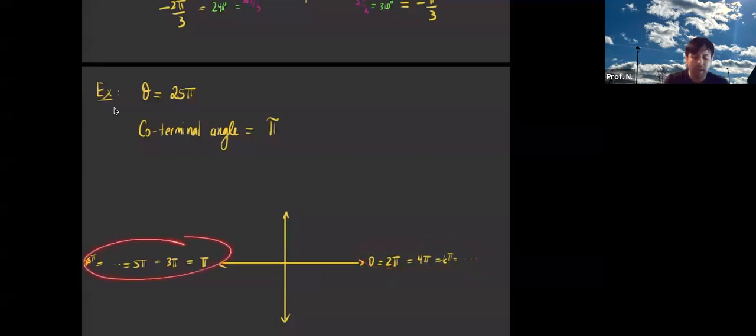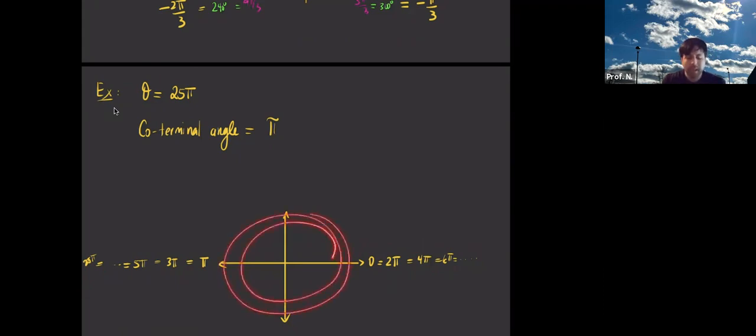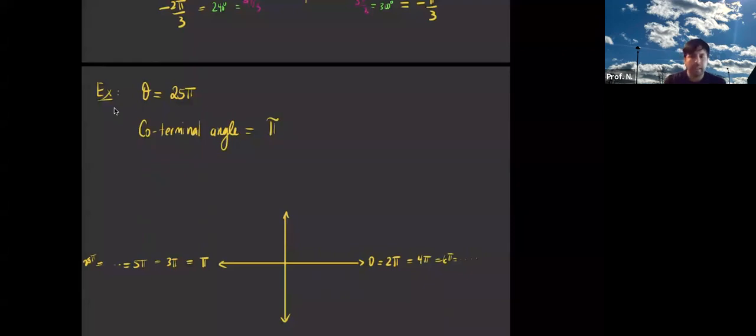Then all the odd integer multiples of pi are on the left side of the x-axis, which would mean that 25 pi will eventually, if you go around 12 and a half times the circle, starting from 0, I reach 25 pi. So 25 pi represents 12 and a half revolutions around the xy plane. And therefore the coterminal angle to 25 pi is pi.